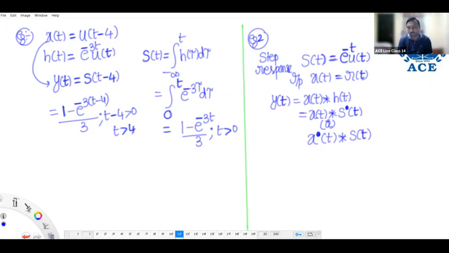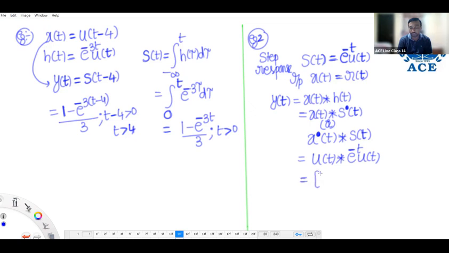Output is input convolved with the system. What is h of t here, sir? Differentiation of the step response. Rather than differentiating this function, I am interchanging the derivative. Why? Differentiation of a ramp is easy compared to a decaying exponential. So what is the answer? u of t convolved with e power minus t u of t.